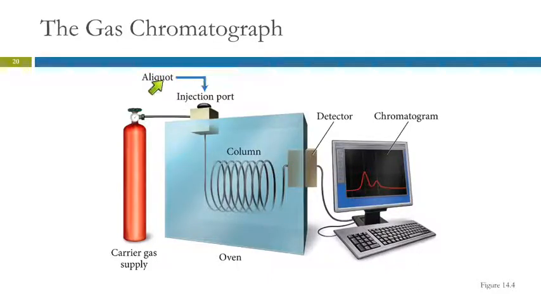So you take the aliquot that you've taken out of your reaction mixture, you inject it here, and then that sample goes through this column. You should have done or learned about chromatography. In my section of 1A, we did some paper chromatography, where we took some ink on a piece of filter paper and we set it in a beaker, and used ethanol and water or acetone.